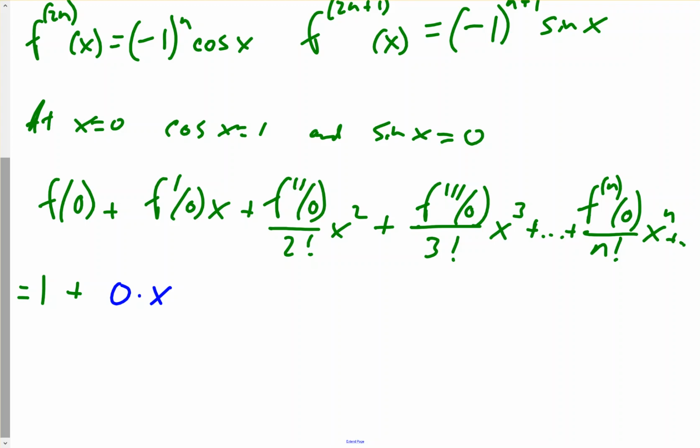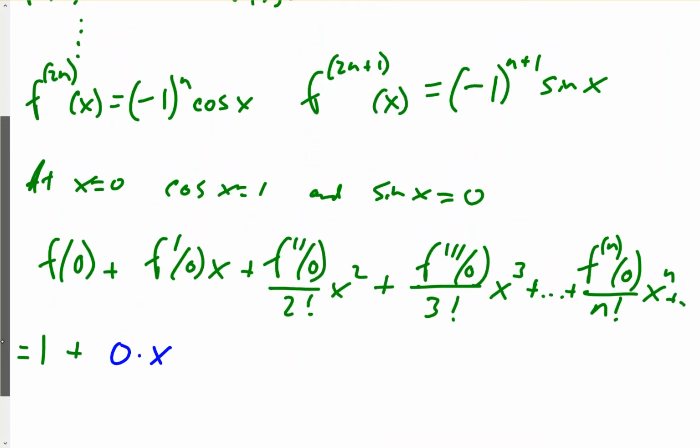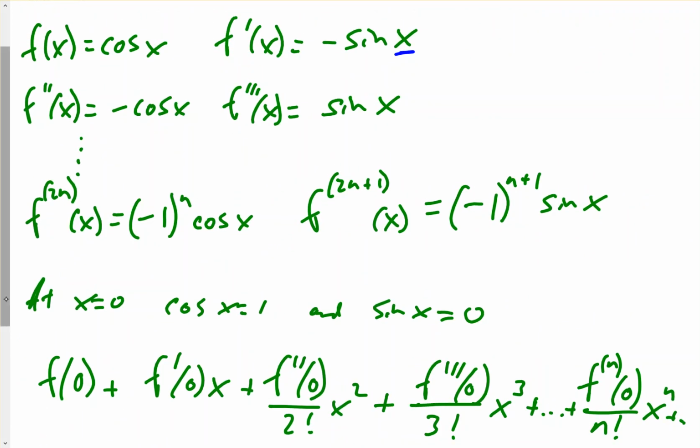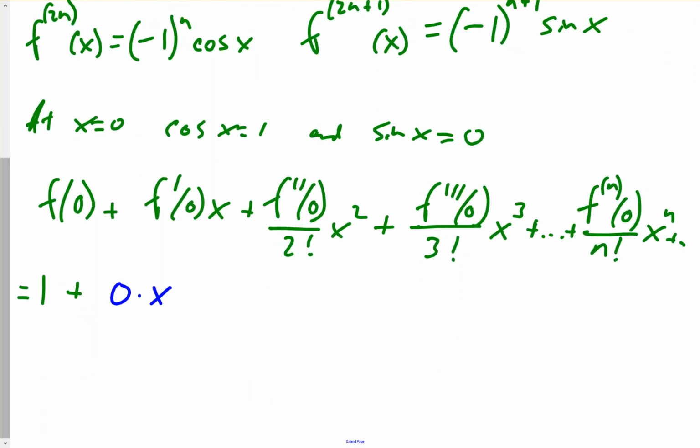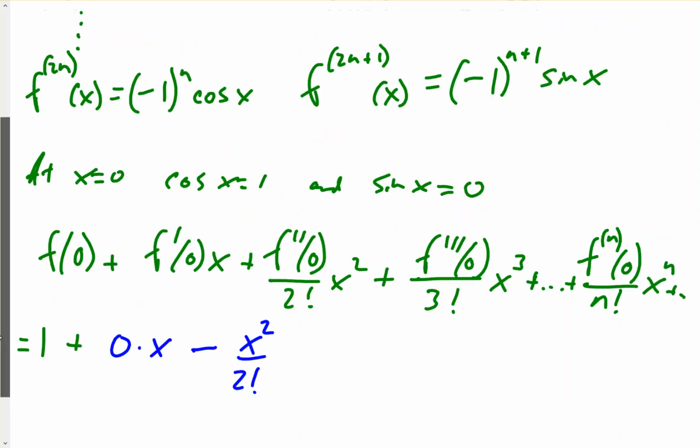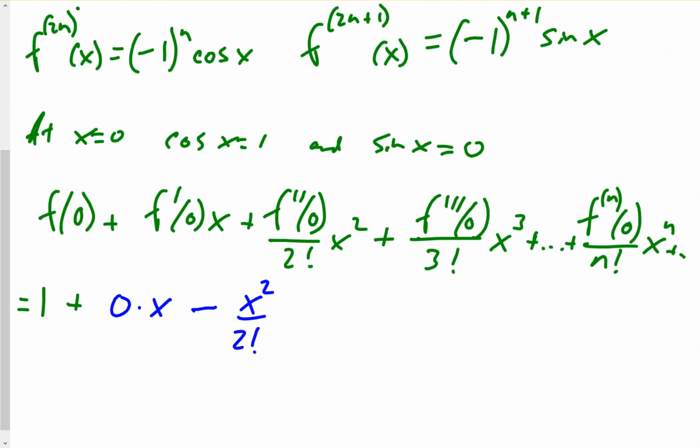Okay, next we have the second derivative. The second derivative is negative, so we have minus x squared over 2 factorial. The second derivative at 0 gave us 1, but it's a negative cosine, so it's like a negative 1. So we have a negative 1 times x squared, negative x squared.